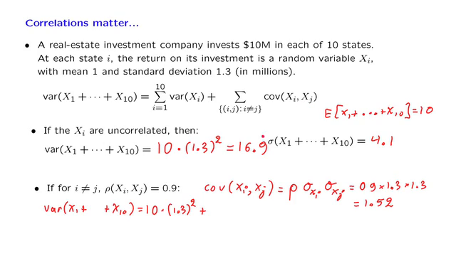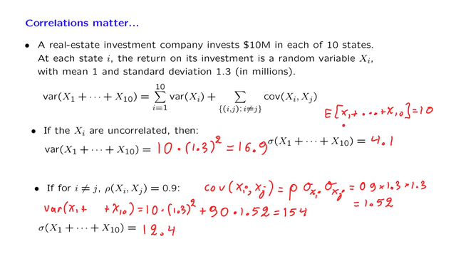There's 90 of them. And each one of these terms is equal to 1.52. And the variance turns out to be 154. Now you take the square root of that and you find a standard deviation of 12.4.